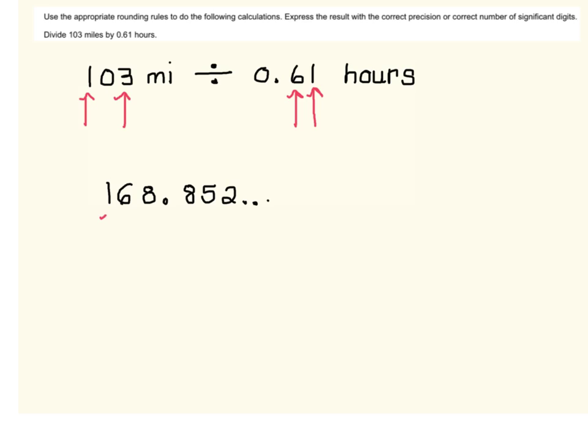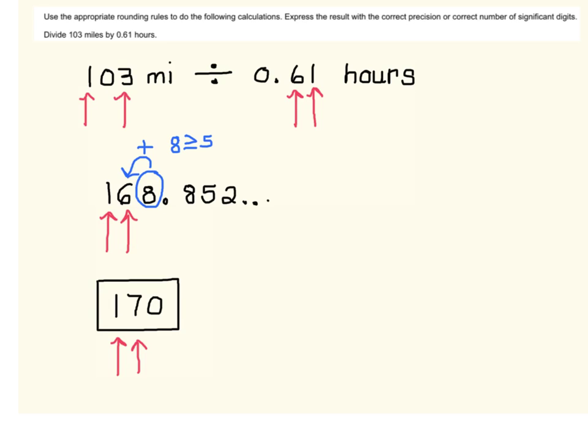So starting from the left on our result, we're going to take two significant digits, which are a 1 and a 6. So the result will have a 1 and a 6, except we notice here that this value 8 is greater than or equal to 5.